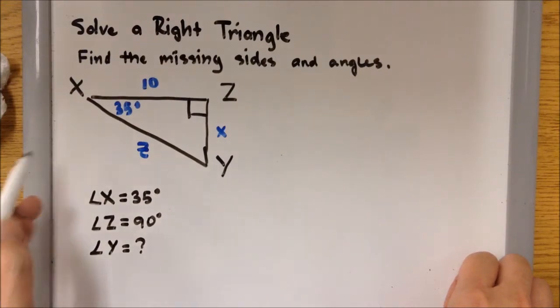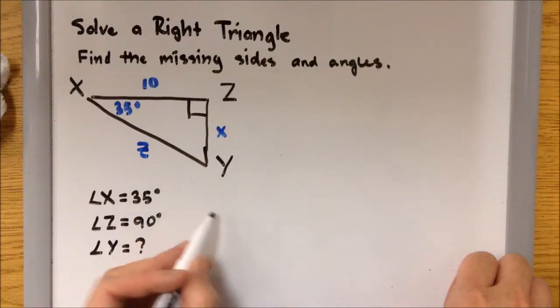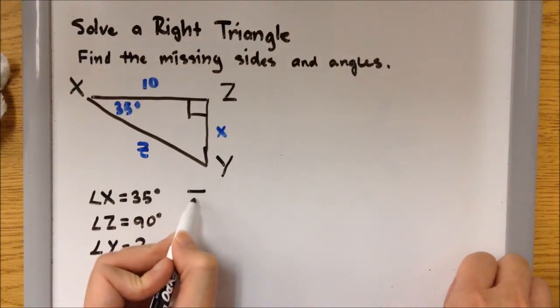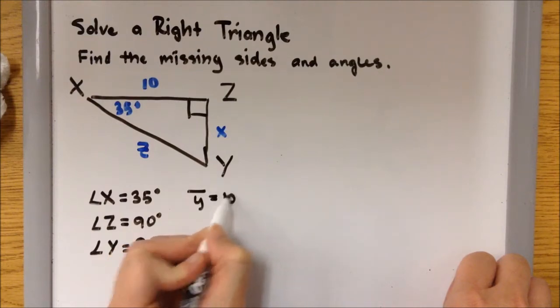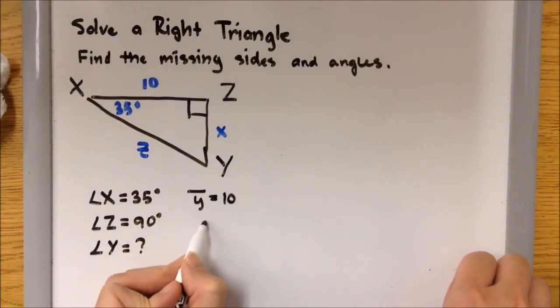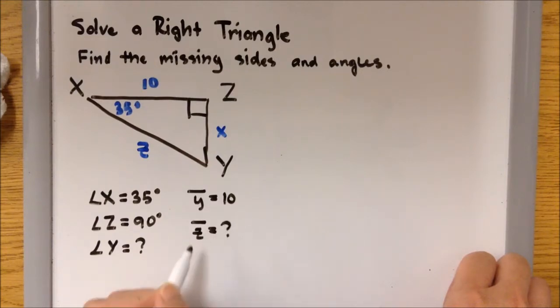And then since that's Z, that's Y, the side Y is 10, but the side of Z we don't know, and then the side of X we don't know.